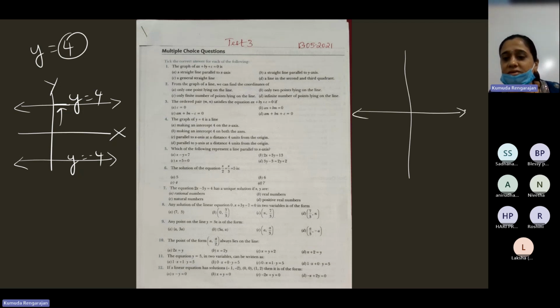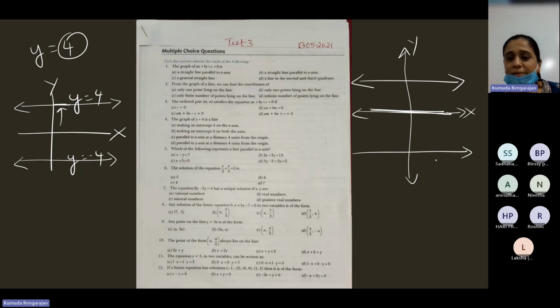This is the x-axis. This is the y-axis. But it's positive, so it will be above. If it's negative, it will be below.